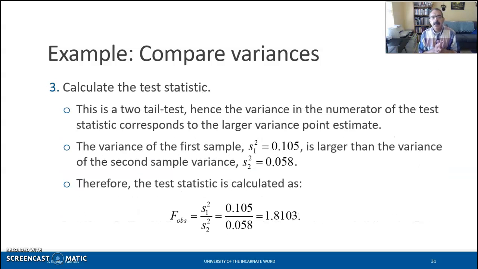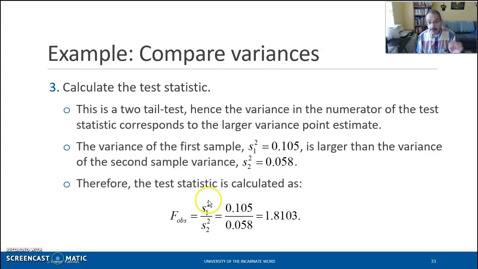All right, so the next step is to calculate the test statistic. And as we mentioned in the previous slide, the first point estimate of the variance is larger than the second point estimate. So this first variance will go in the numerator of the test statistic, and this variance will go into the denominator. So it's very important to keep track of what variance goes where.